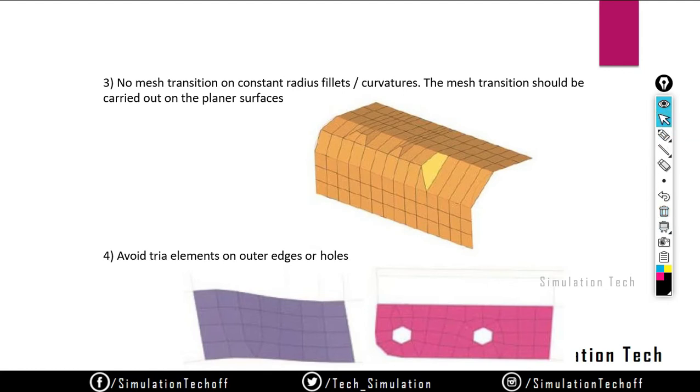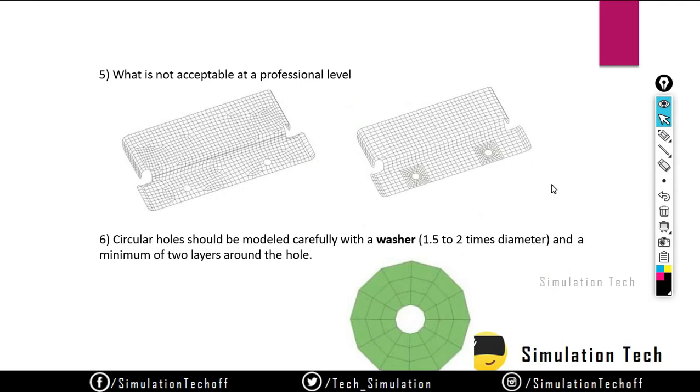Good. So the next thing is rule number 5. Here you will notice what is the professional level of meshing and what is a basic level of meshing. This is what we call a professional level of meshing. Here you will notice that there is a hole, and that hole is exactly split with a washer structure, properly split, and this hole is properly meshed. You will get a clear understanding of these two meshes.